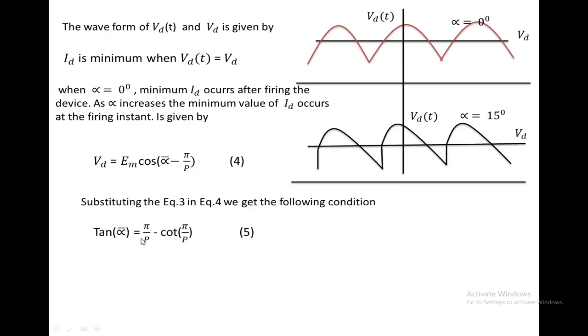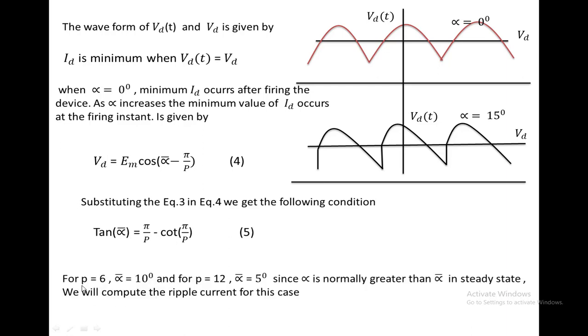Already we have equation 3. That equation we have to substitute here and simplify, then we get tan alpha bar equal to pi by P minus cot pi by P. If P equal to 6, nothing but a 6 pulse converter, then alpha bar is equal to 10 degrees. If P equal to 12, then alpha bar equal to 5 degrees. Nothing but the minimum Id will occur at this angle for the 12 pulse converter and 6 pulse converter.